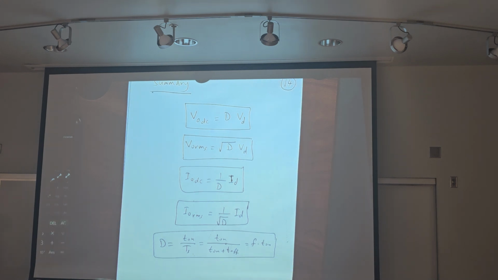Why is I out DC equal 1 over D times ID? Because it should be proportional with V out DC, right?